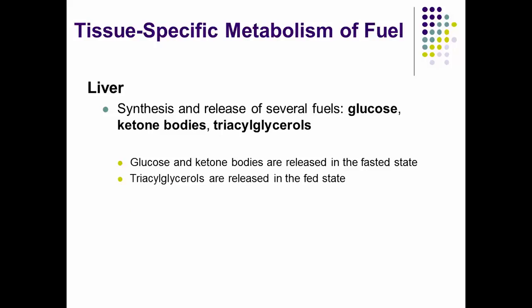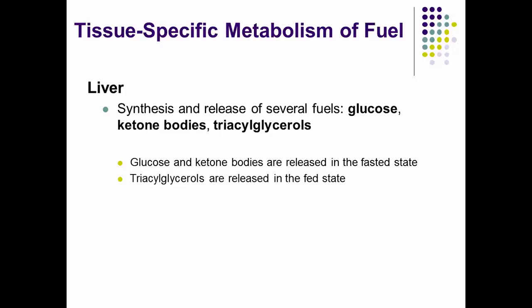Okay. And what kind of energy fuel can the liver make and release into circulation? Glucose, of course, through both glycogen breakdown and gluconeogenesis, and ketone bodies and triglyceride. So the liver, again, is a major endogenous source of energy fuels by releasing glucose from glycogen breakdown and gluconeogenesis, and ketone bodies and triglyceride, right?